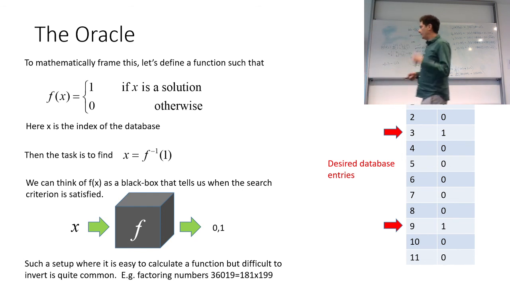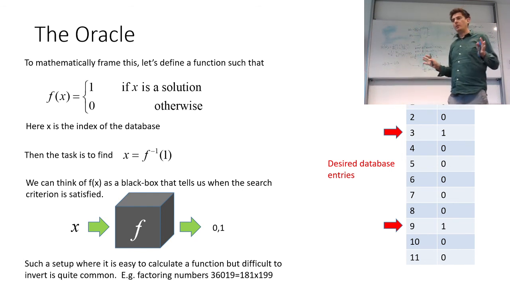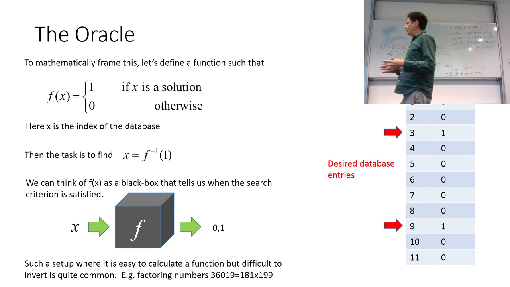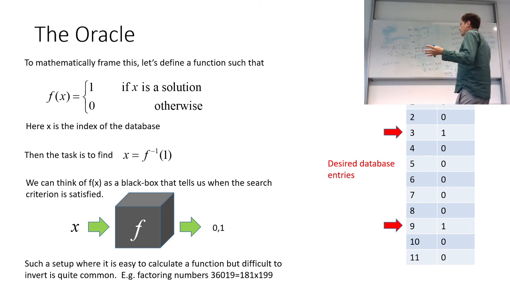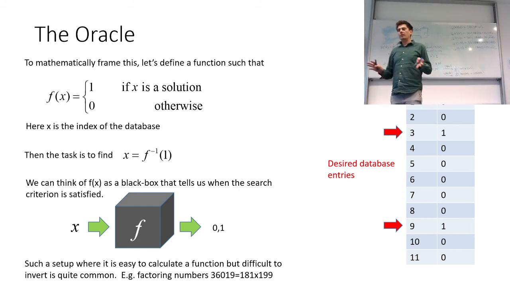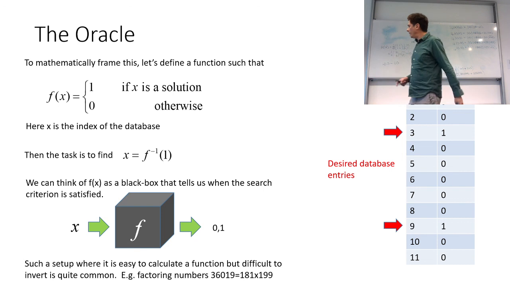Again, we can think of this f as being some kind of black box where we don't really know the inner workings. Well, actually, we could know the inner workings, but even if you knew it, it's still hard to find the input such that the output is 1.